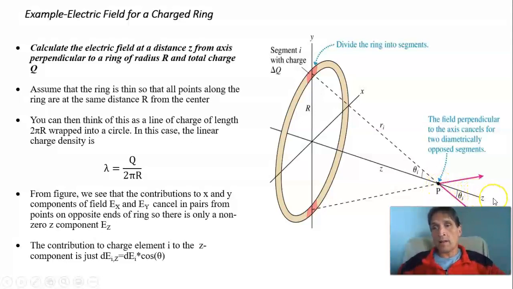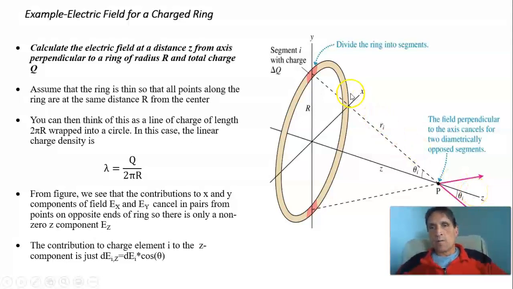They're going to add. So you can go around for any 2 points that are symmetric on either side of the ring, and you'll see that their y components of the field will cancel at this point P. Similarly, we could take 2 points along the x-axis, along the horizontal of this ring, say this point here and this point here, and if you drew their electric fields, the components along the x direction would cancel in pairs, but the components along z would not.